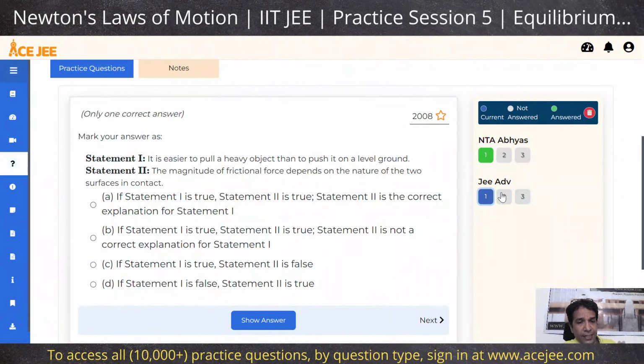It says it is easier to pull a heavy object than to push it on a level ground. Agree, disagree? It is easier to pull a heavy object than to push it on level ground.